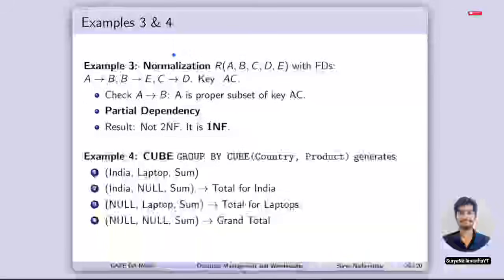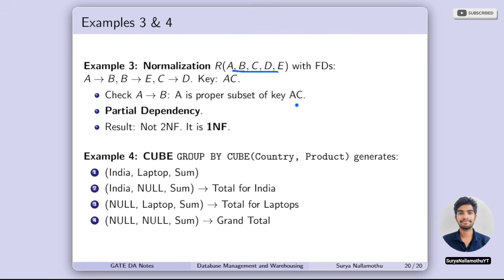Next, examples 3 and 4. In example 3, we observe that we have been given the relation and these functional dependencies, and the key is AC. So the key is directly given as AC. Check A tends to B. It means A is a proper subset of the key AC. So here a partial dependency occurs. Here the key is AC, right?